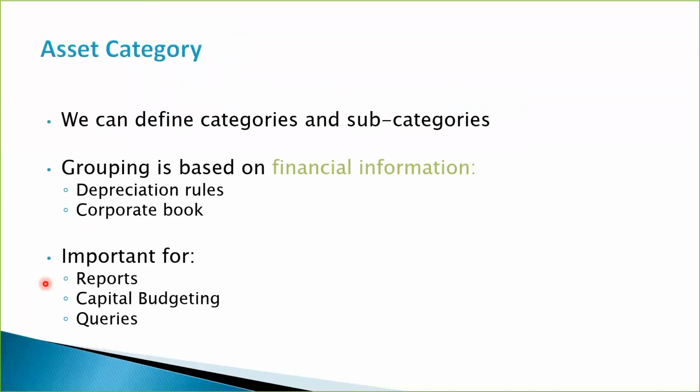Grouping by asset category is based on financial information. When I say financial information, what do I mean? I mean depreciation rules or the depreciation method, if you want to call it that, and also the corporate book. Okay. So when you create an asset category, there are a couple of things that you specify. You're going to see that too.